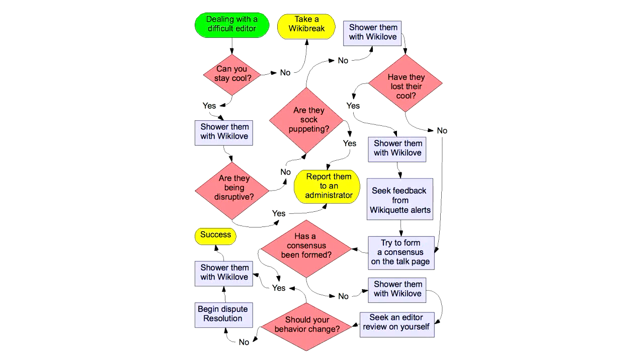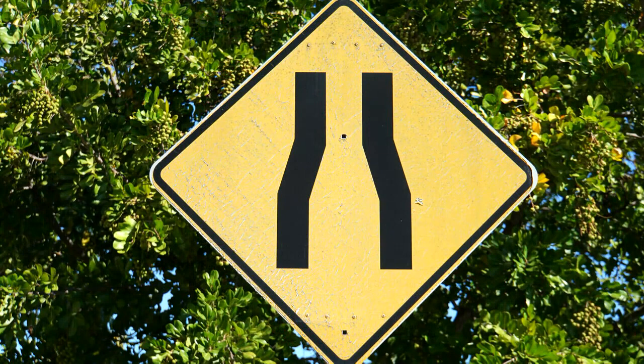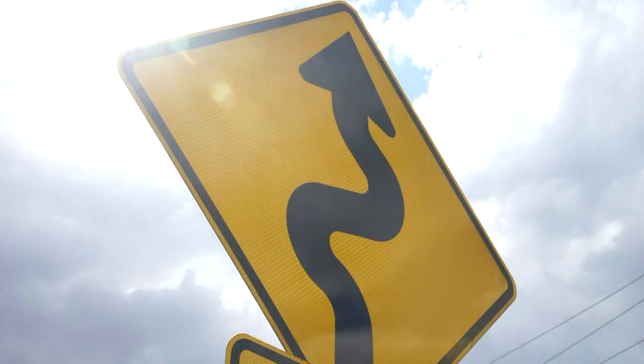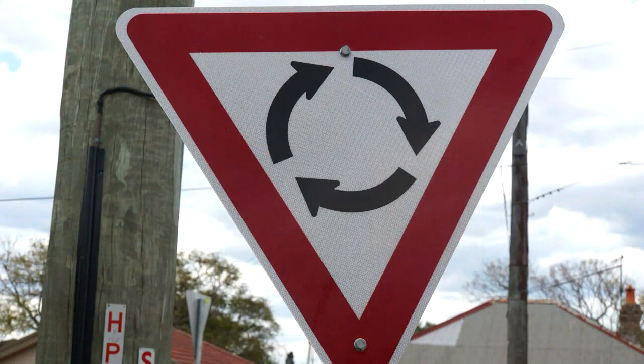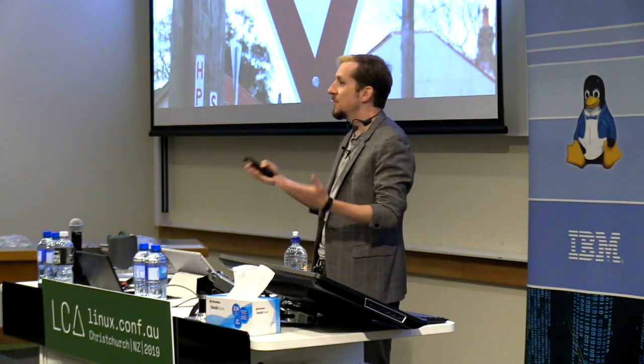And if you haven't seen a flowchart, how about something like this? That's a form of visual communication. And it's also a diagram. It's explaining to you what's happening on the road ahead without any words. So is that. So is that. So is that. So if you've ever seen any of these symbols, then you will have used a diagram.